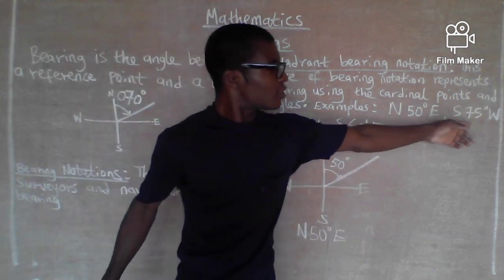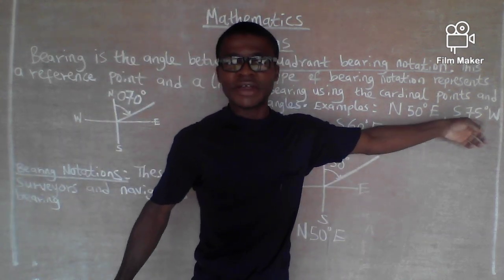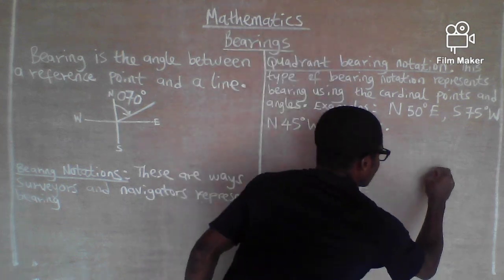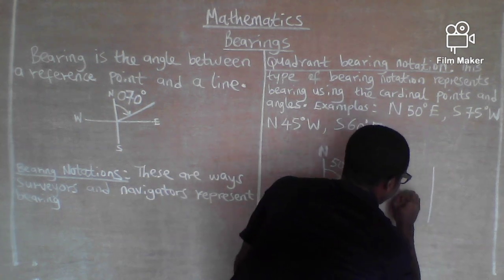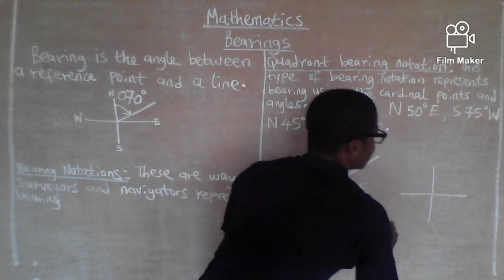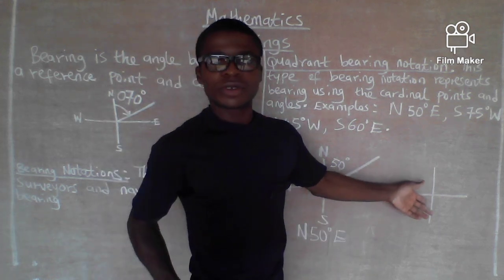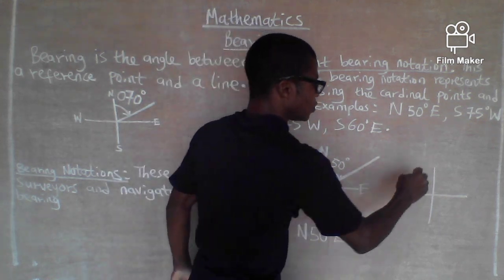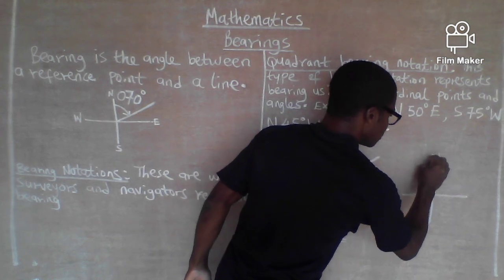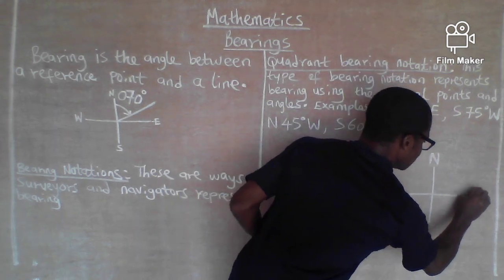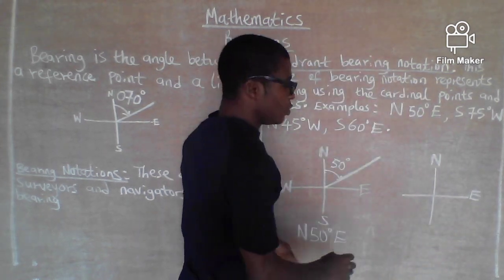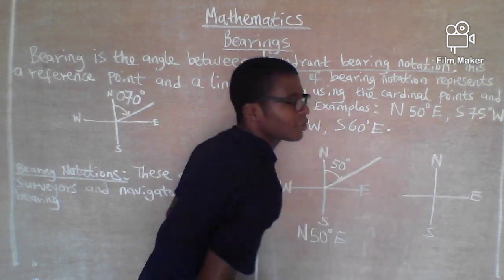Then for the second bearing, south 75 degrees west, the first thing to do is to draw the Cartesian and then put the cardinal points. On top is the cardinal point north. At the right hand side is the cardinal point east. Below is the cardinal point south.